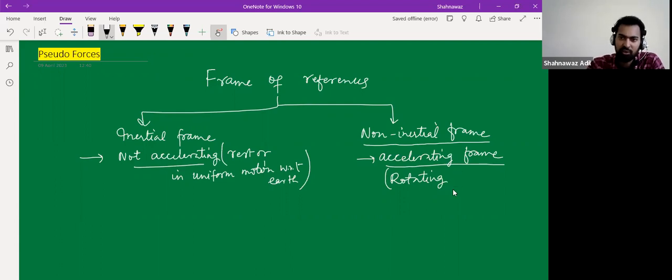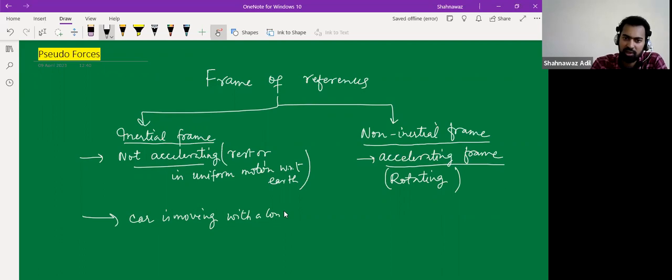So what are the examples of the inertial frames? Let's say a car is moving with a constant speed. Or you say a pole, which is at rest.